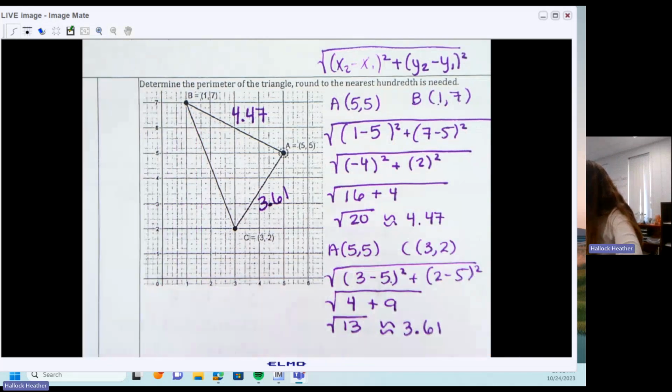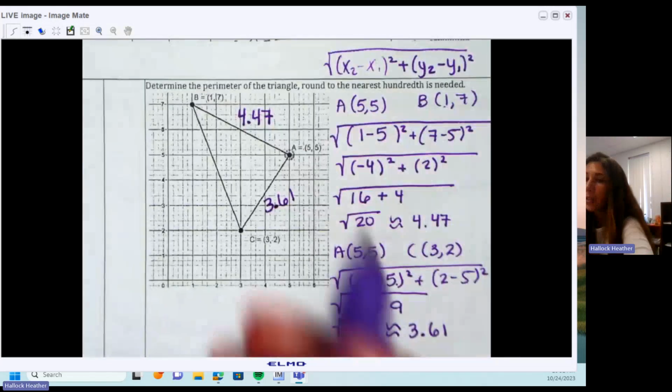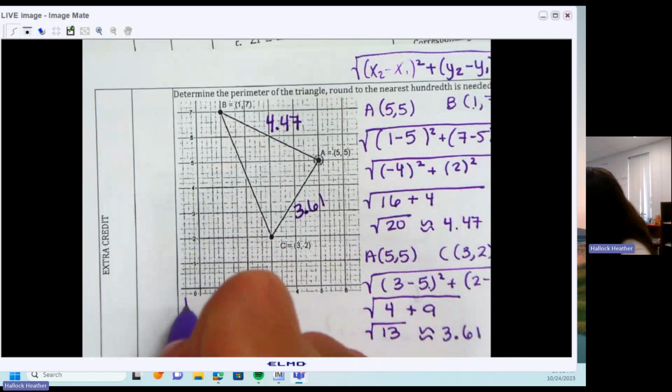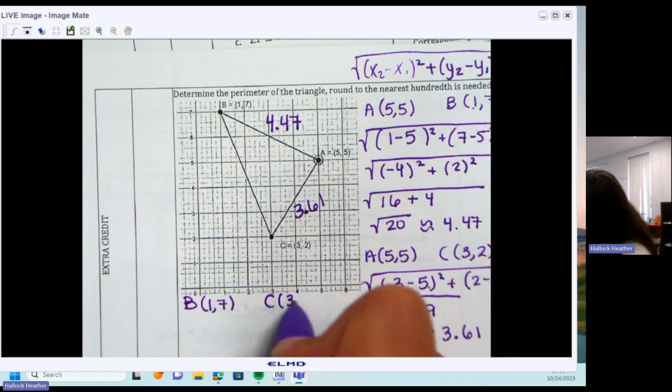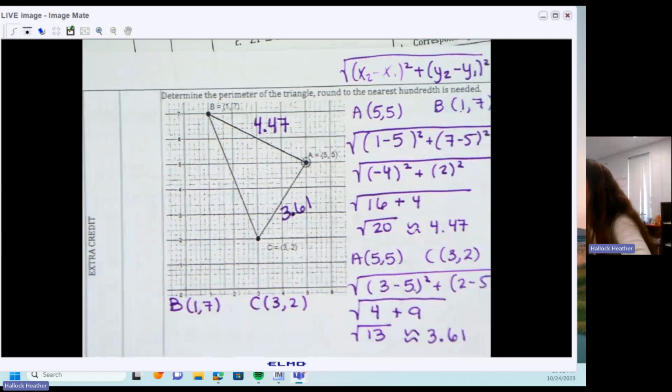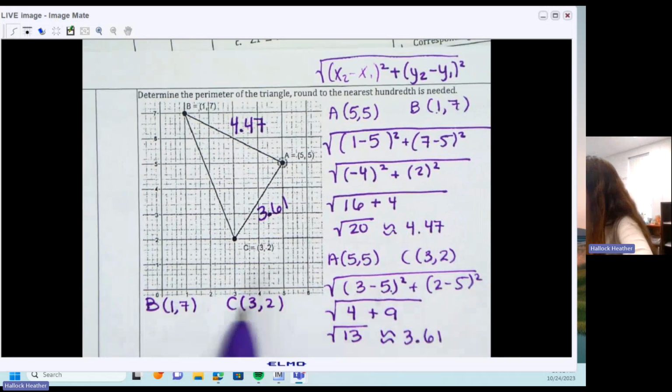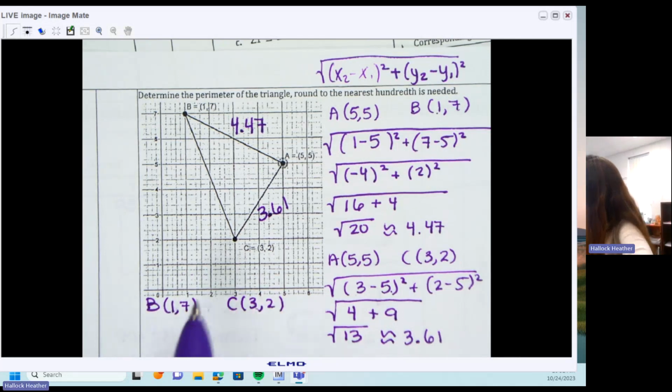Now I'm going to do the last side, which is from B to C. B is 1, 7, and C is 3, 2. Once again, I'm using that same formula from the top. I'm going to take x2 minus x1, y2 minus y1.